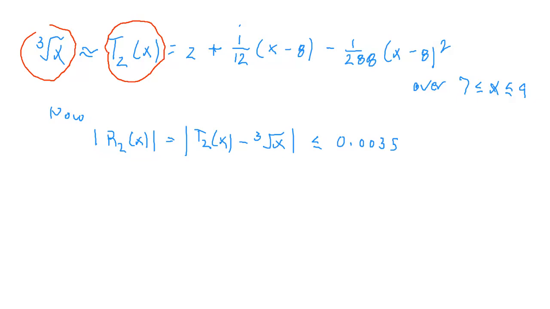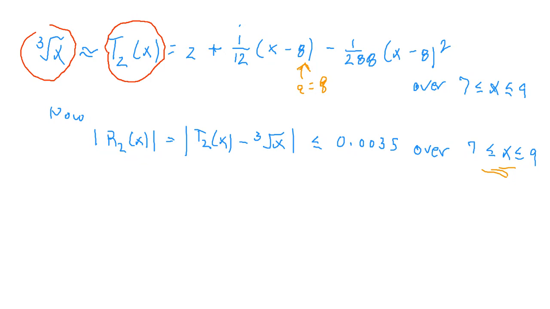And this was over the interval from 7 to 9. Notice that the Taylor polynomial is expanded about a equals 8, so 8 is right in the middle of the interval. Now, it doesn't always have to be that way, but it is in this case.